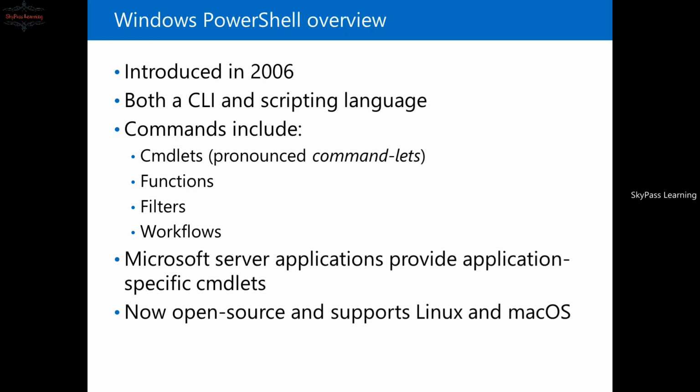Earlier, everything was based on CMD, or command prompt, where you have batch files, etc. And no such specific scripting support was there in the Windows environment. Like in Linux and Unix, you have shell scripting, but in Windows we didn't have it. If we talk about the earlier versions of Windows like 2003, Windows NT, and Windows 2000, no such type of scripting language was available.